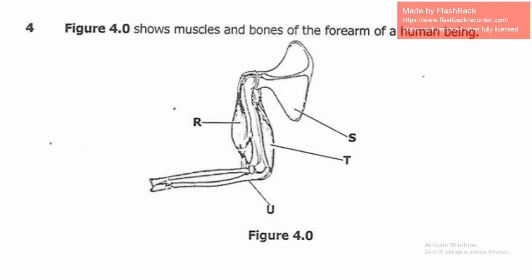But let's look at these two muscles. When you extend your arm, to extend means to move your arm forward, what is happening is the tricep muscle is contracting, then the bicep muscle is relaxing.